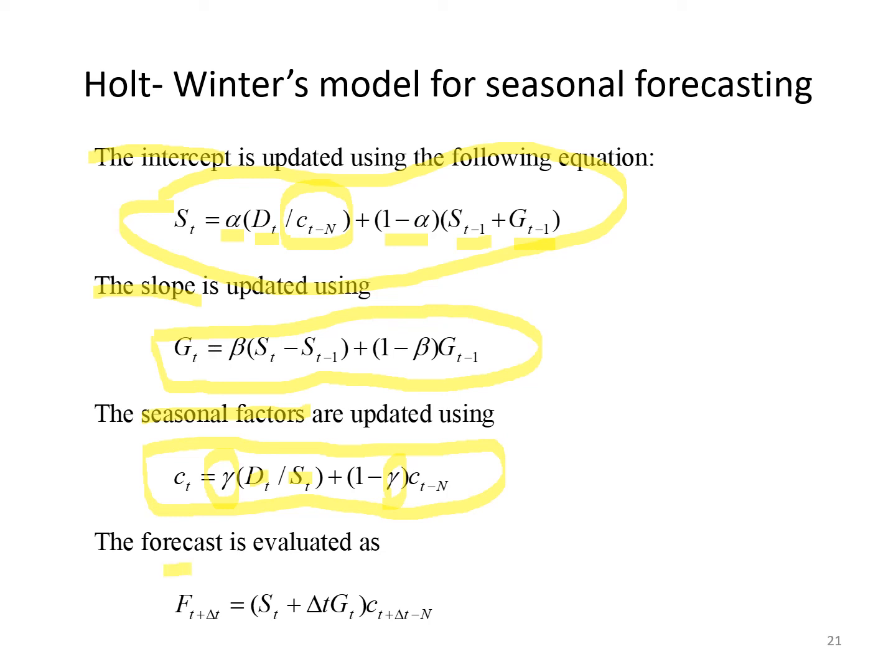And then the forecast is finally calculated using a very simple relationship in which you have the intercept plus the slope times delta t, which is the usual Holt forecast, and then times the seasonality factor. So these are the main equations of this model.